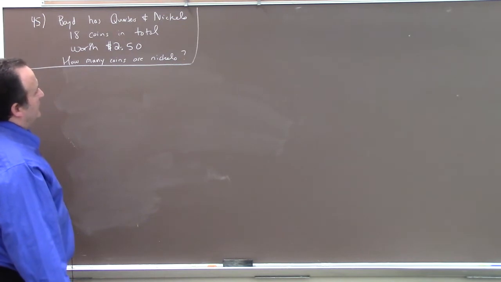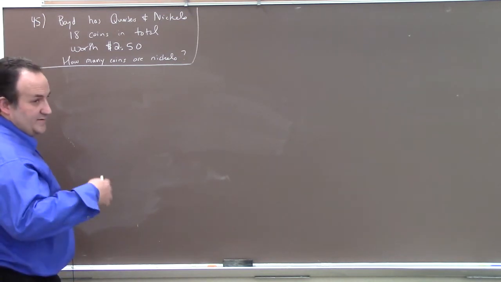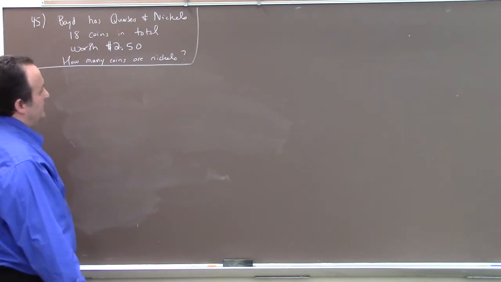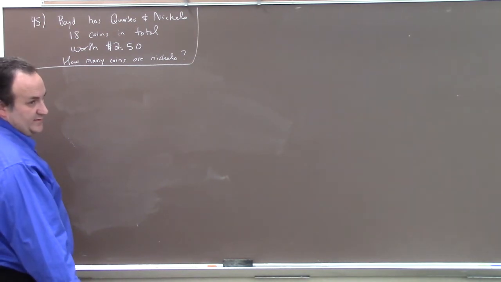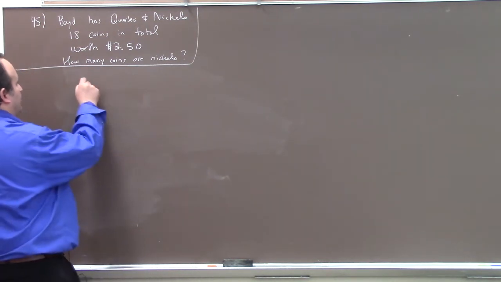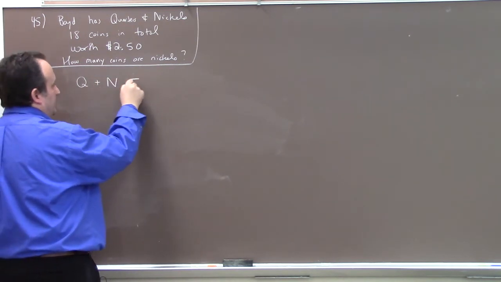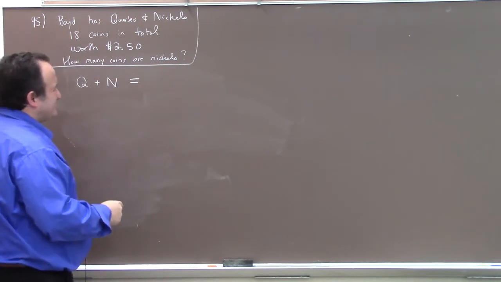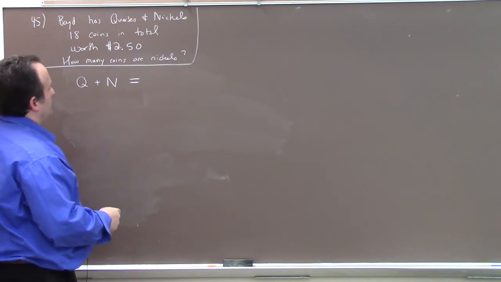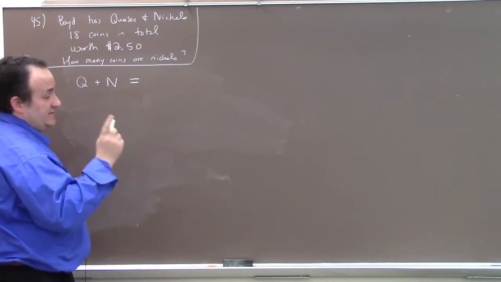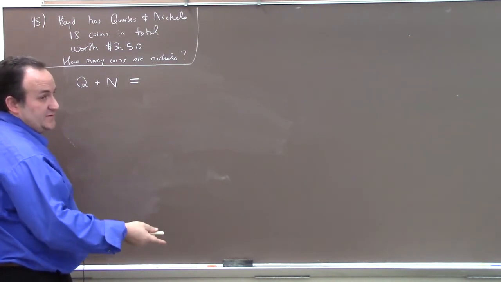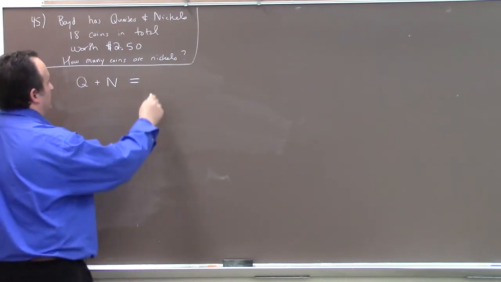So, what do you guys think? We need to invent some variables. We could use Q and N, right? Number of quarters plus the number of nickels. What's it equal to? Well, this is just the number of quarters plus the number of nickels, 18, right?